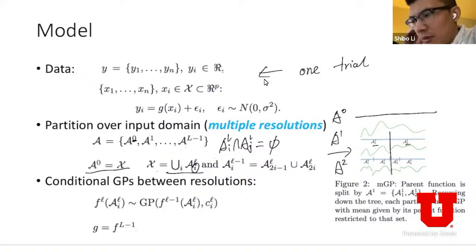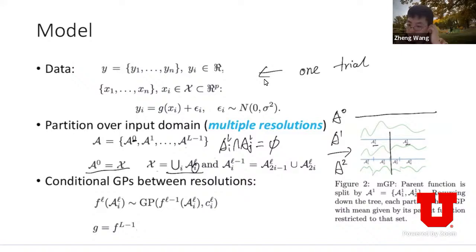So they want to construct GPs for each partition at each level, right? Yeah. Basically, if you have two partitions, like the first figure, then we need to construct two GPs, and for the second, 4 GPs, and 8 GPs accordingly.